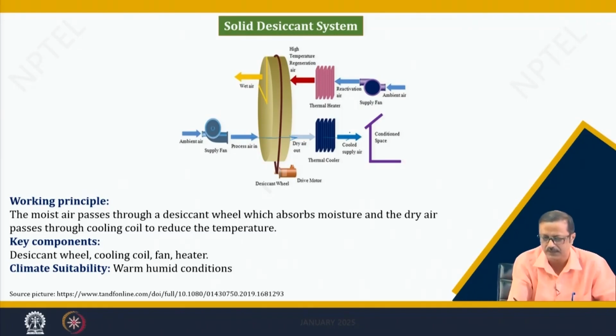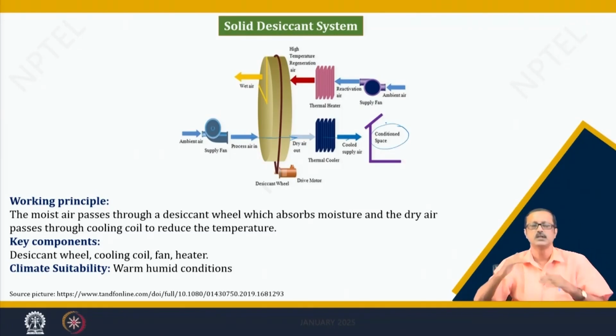So finally what I get in my conditioned space is two levels of treatment. One is that the humidity is less, which is taken care of by the desiccant wheel, and second, the temperature is also less, which is taken care of by this thermal cooler.